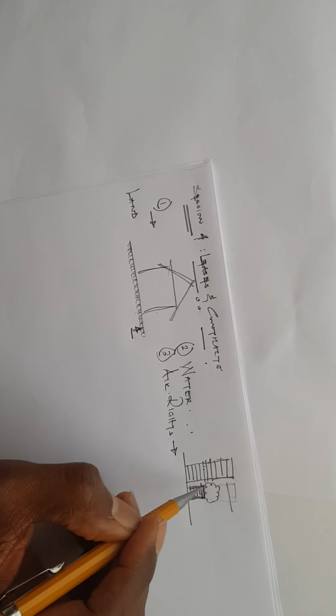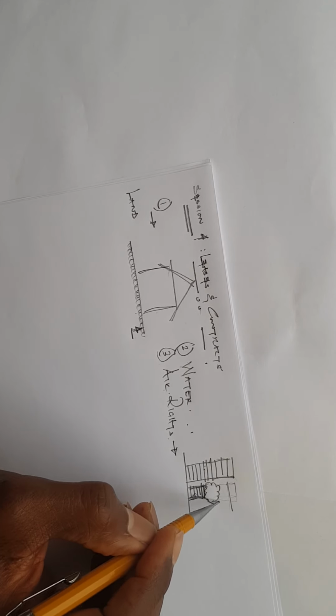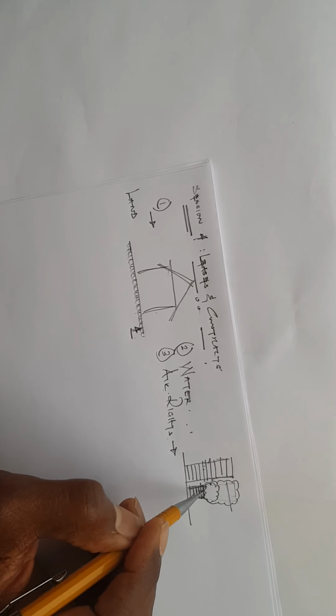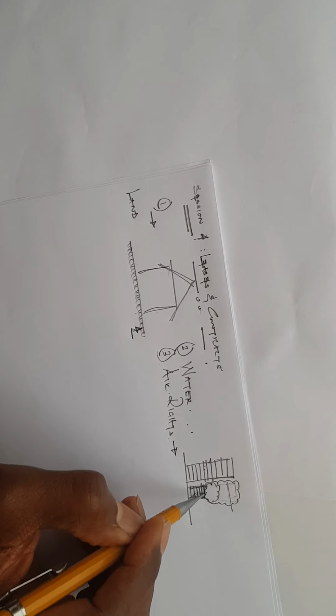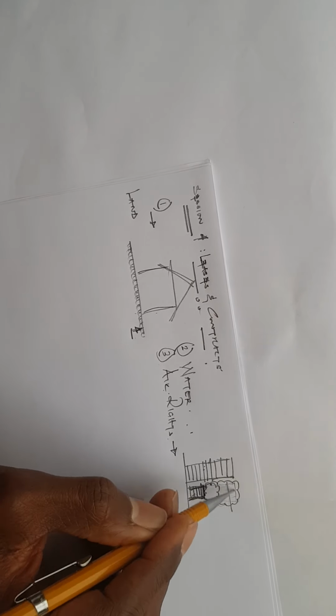In that case, you could approach the owner of this property and buy the air rights, and that means you can stop any future owner from developing a structure.